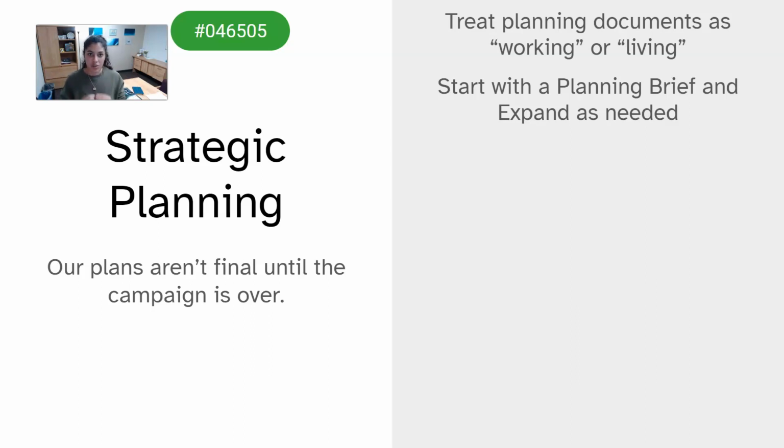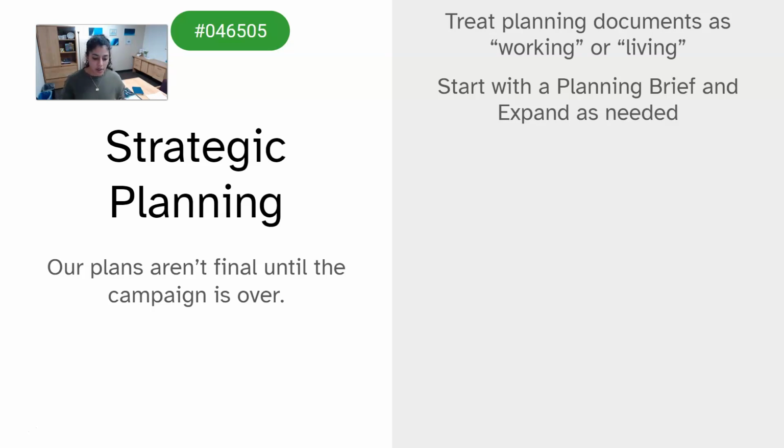But there is a more intrinsic value in that writing things down helps us actually follow the plan, and it helps us then evaluate the plan later. And so we talk about how it is really a working or living document. That just means that it's continuing to expand and update.